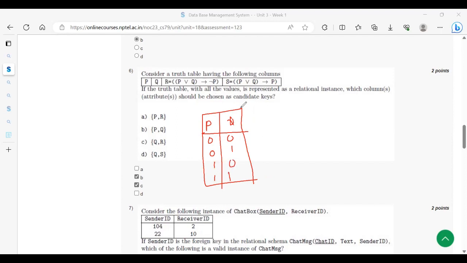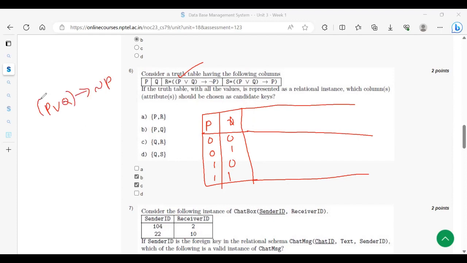Now if you observe in the question, they asked R is equal to P or Q implies negation P. So we need to get negation P first. What is the value of negation P? Where P is 0, negation P is 1, and so on: 1, 1, 0, 0.